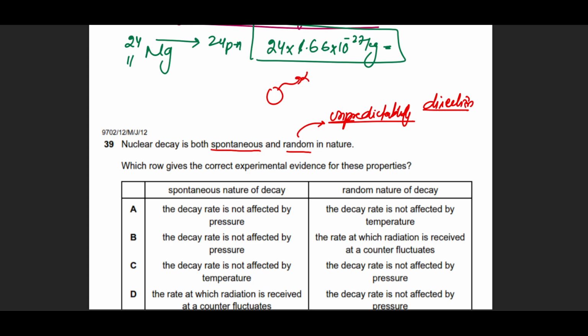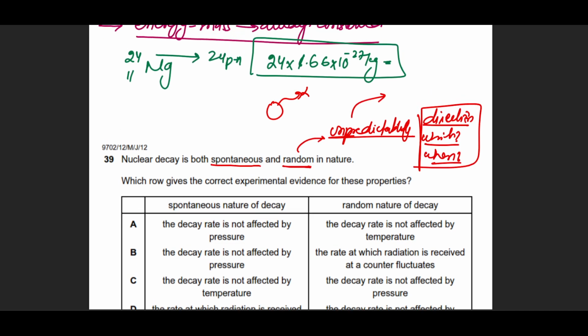We don't know. Which atom will decay? We don't know, right? And when an atom is going to decay, we don't know. If you're observing an atom in a sample of 10 grams or 20 grams of uranium, we may be looking at it, but we don't know which one is going to decay. So this sense of unpredictability is known as the random nature of radioactive decay.